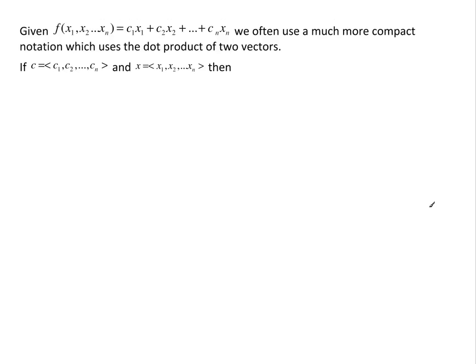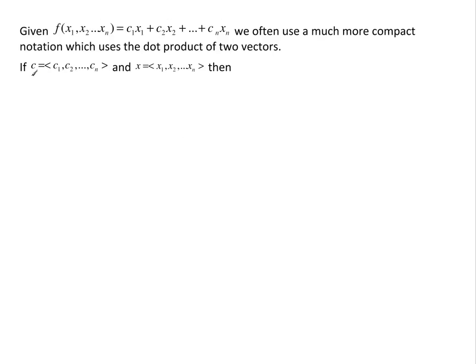Now, one last thing that I want to talk about in this section is the idea of functions in many variables. If I have a function in many variables, x1 through xn, and it has the form c1 times x1 plus c2 times x2 out to cn times xn, we can often use a much more compact notation that uses dot products of 2 vectors.